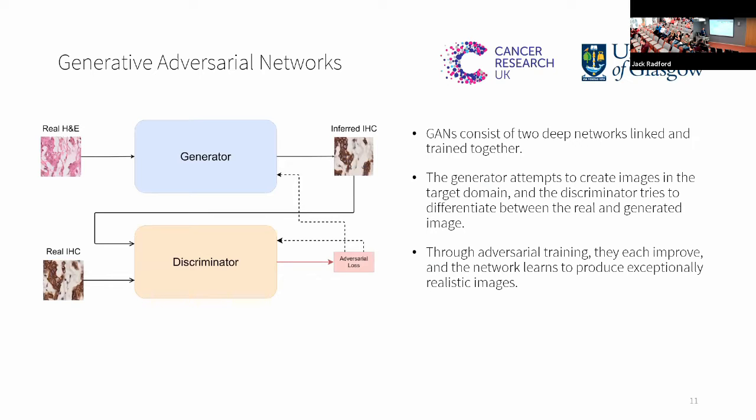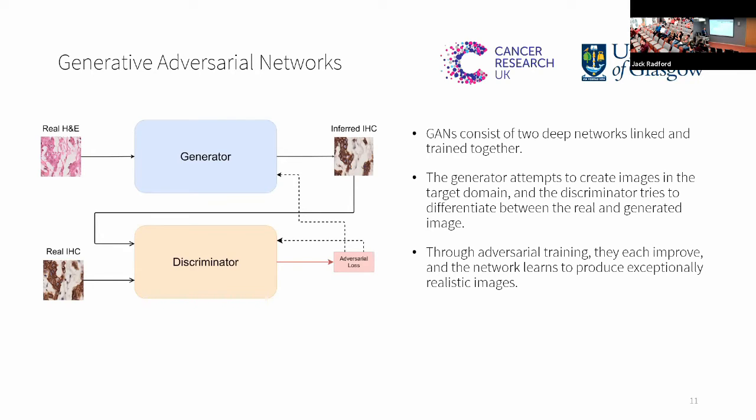As a quick overview of how they work, they're essentially two networks that are drawn together. The first, the one in blue, is typically called a generator, and that's a type of deep network that takes an image or random numbers and generates another image.